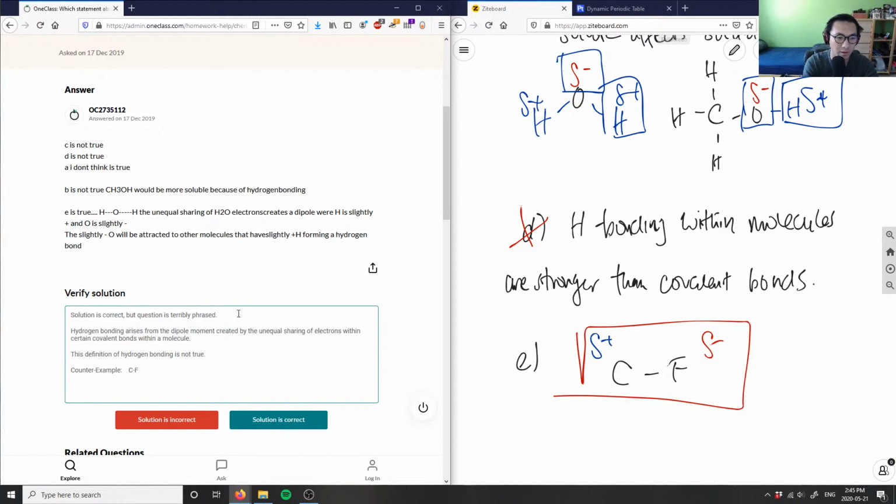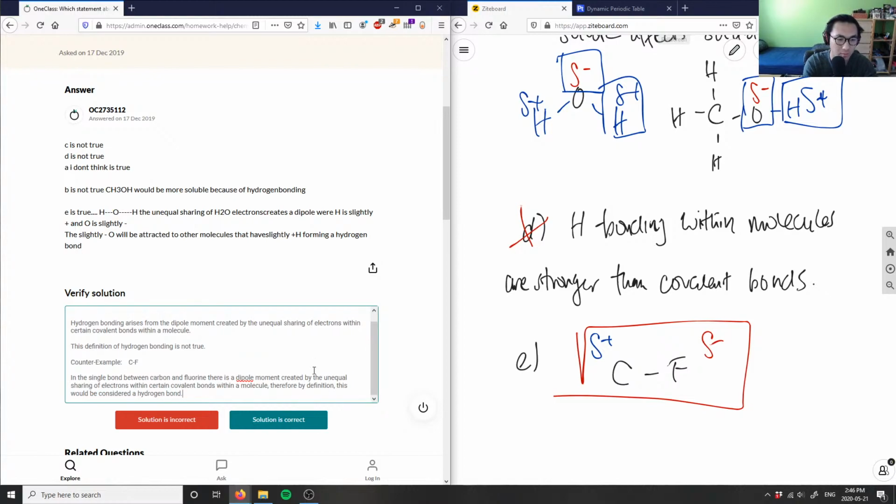If I have C bond F here, the single bond between carbon and fluorine, there is a dipole moment created by the unequal sharing. Therefore, by definition, this would be considered a hydrogen bond.